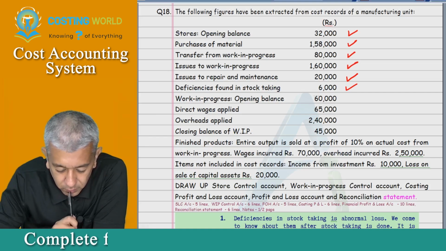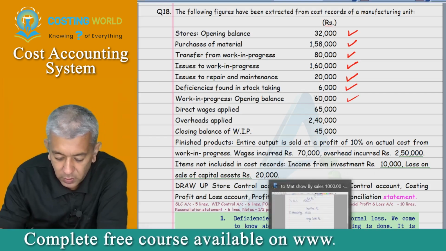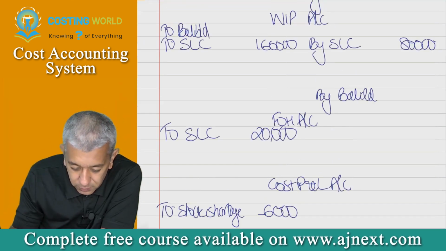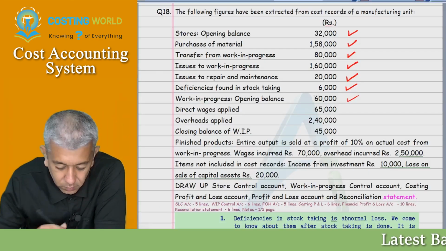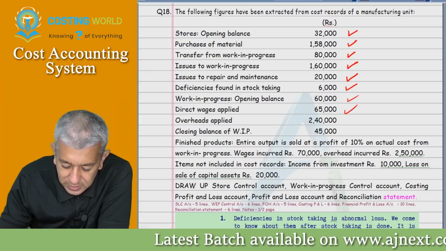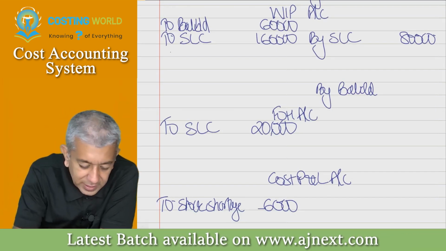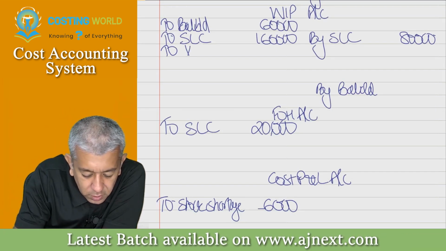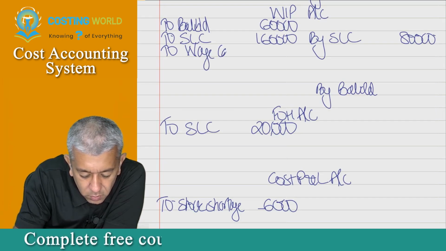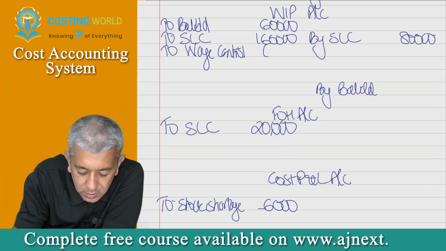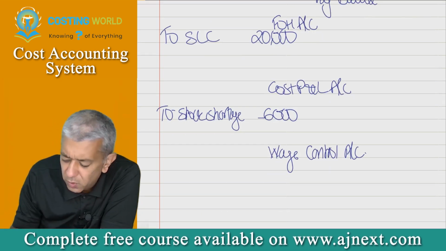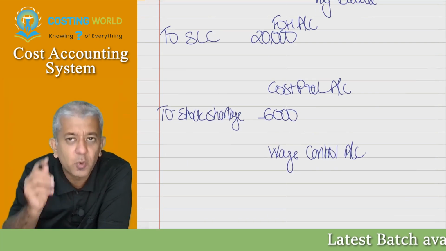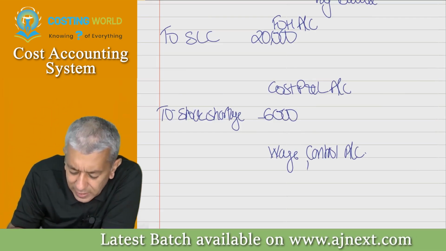Further, WIP opening balance 60,000. Further, direct wages applied. Obviously, direct wages should come over here only. So you can write down wage control 65,000. Now, wage control account is not compulsory. If you can think of one transaction, I'll tell you after some time.